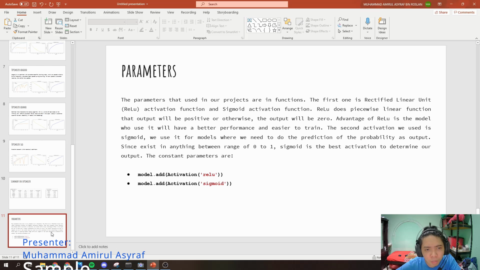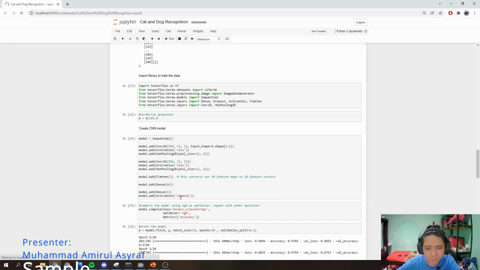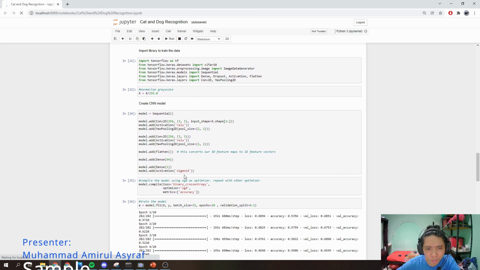So for the parameters that we use, just like I said before, for the CNN we use the ReLU function for the first layer and the second layer, and then for our multi-layer perceptron we use the sigmoid.